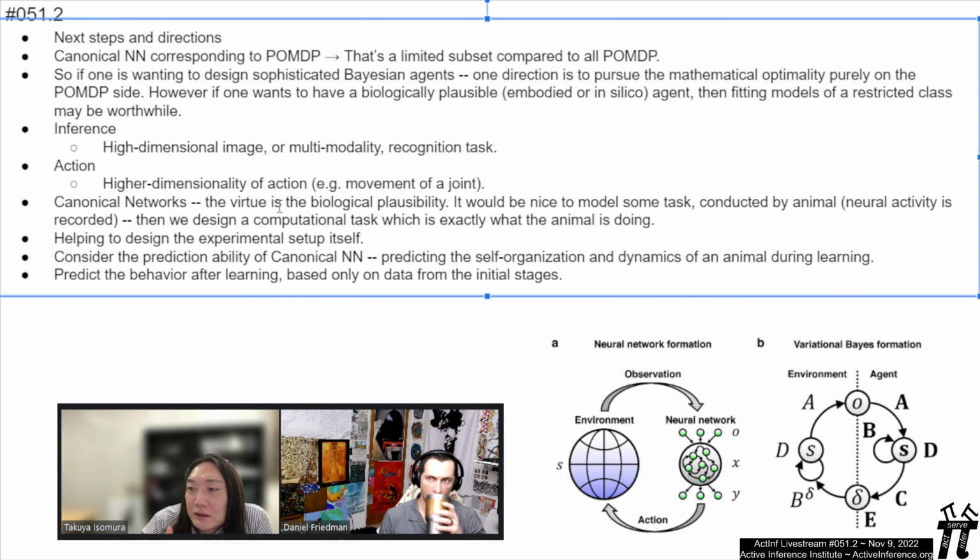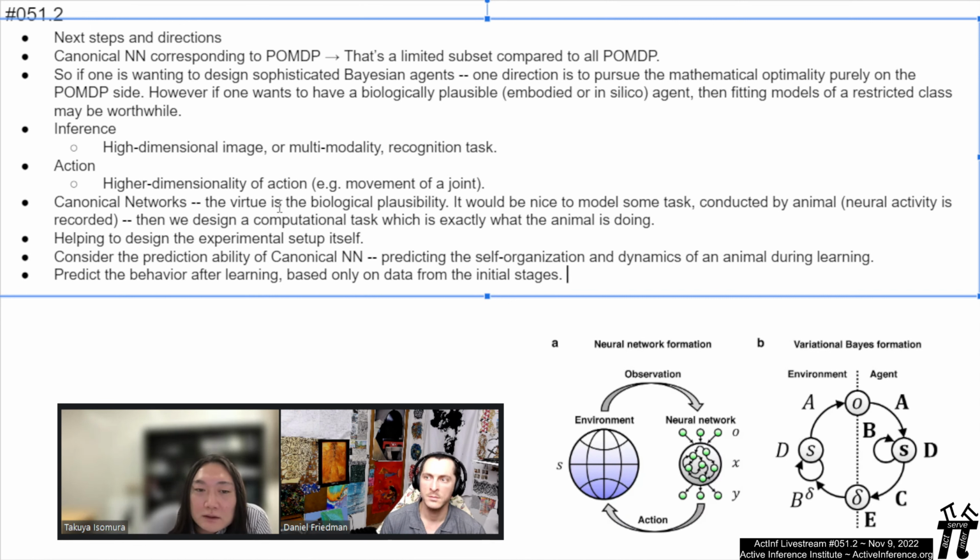And the canonical neural network makes some self-organization through a minimization of a cost function, which is exactly the same as Bayesian belief updating under a particular generative model. Which means that its dynamics go through the shortest path on the free energy landscape, which means that we can make quantitative predictions about the synaptic trajectory or neural activity or any kind of parameters.